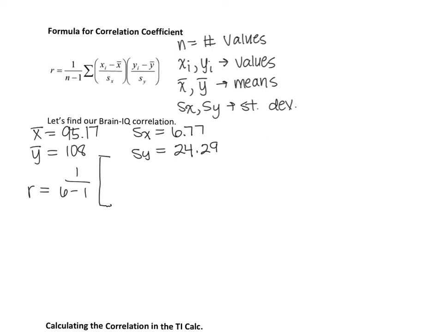This is where the bulk of the work comes in for correlation if you're not going to do standard deviation by hand. What I have to do is, for each x value, subtract the mean from it, divide it by the standard deviation, and then multiply it by the corresponding y value minus its mean over the standard deviation. So my first x value was 100 minus the mean 95.17 over the standard deviation, which is 6.77, multiplied by the corresponding y value.